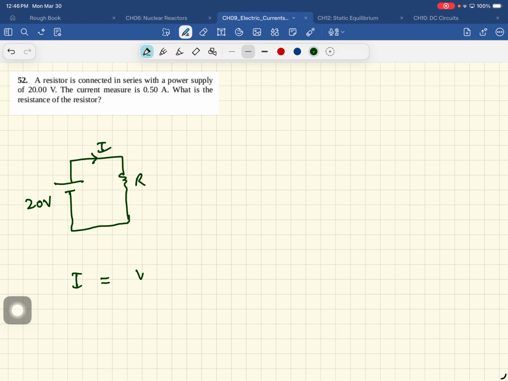Current is V over R, so R is equal to V over I. Okay, so the resistance is 40 ohms.